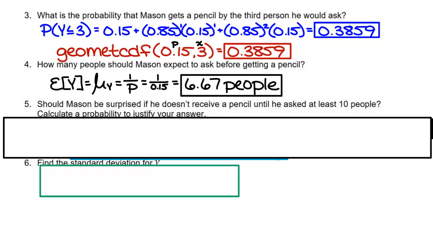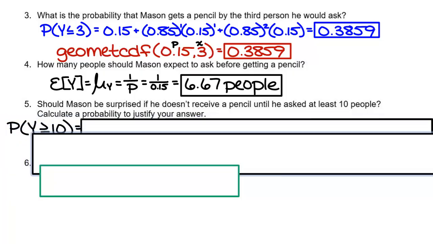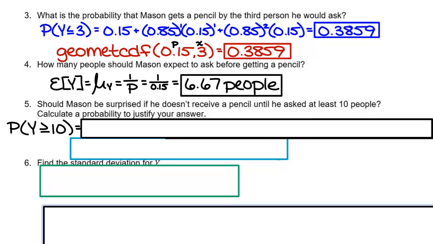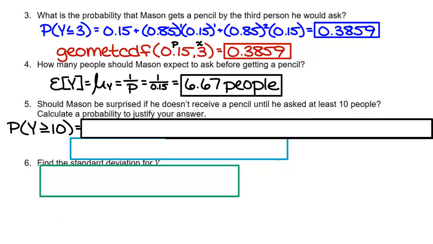Should Mason be surprised if he doesn't receive a pencil until he asked at least 10 people? So probability that X is greater than or equal to 10. Can I do greater than or equal to on the calculator? No, I can only do less than or equal to. Well, if I want to know the probability of greater than or equal to, what do I need to do? Subtract.